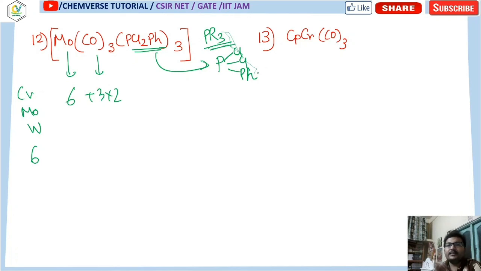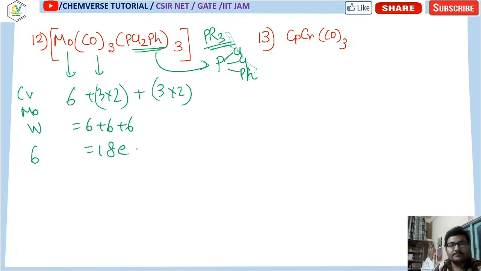It behaves as a PR3 ligand. So PR3 is a 2 electron donor. We have already seen it in the list. So 3 into 2. Okay. So 6 plus 6 plus 6, that will be 18 electrons. Solved.